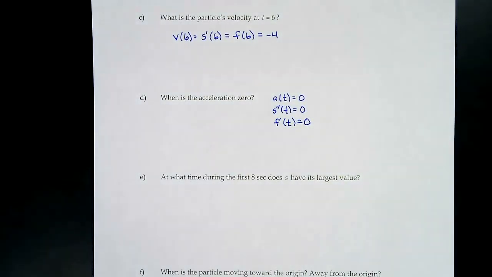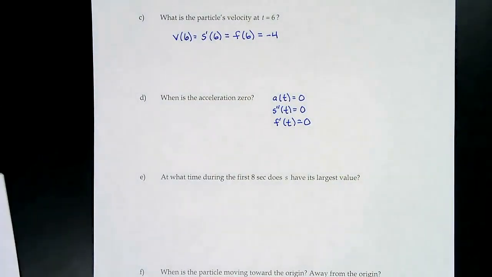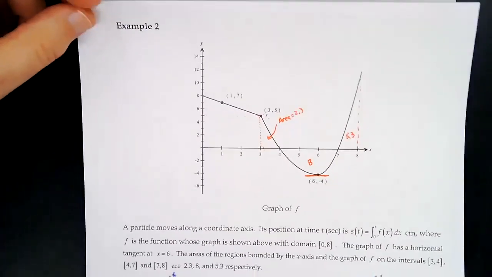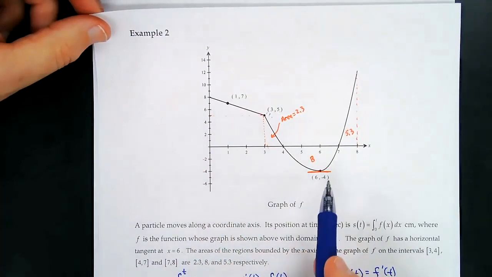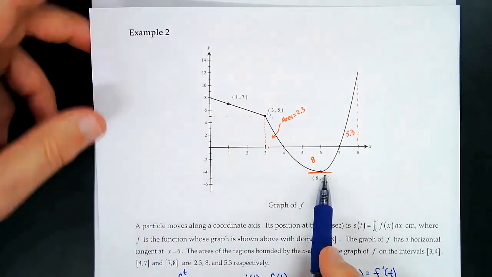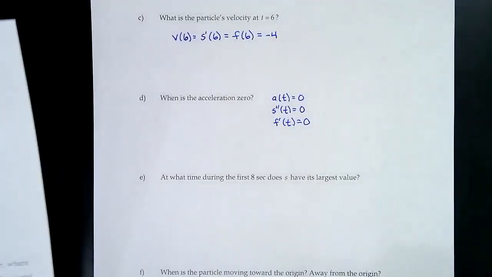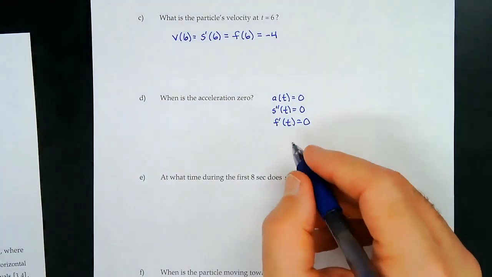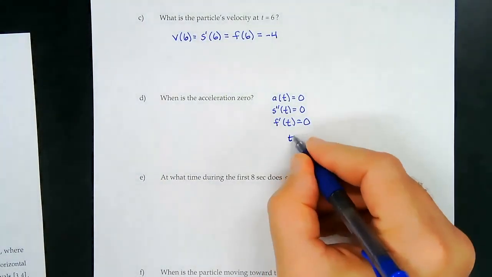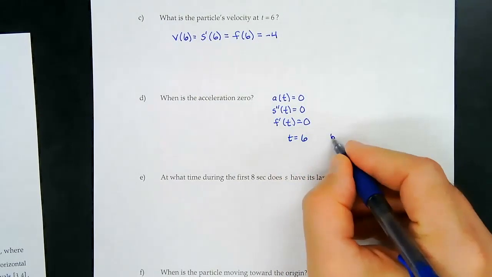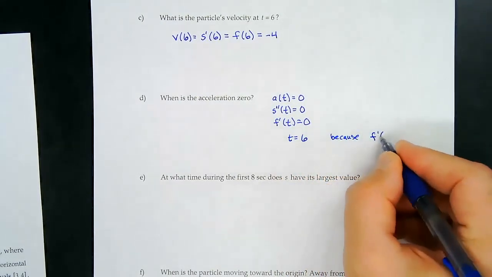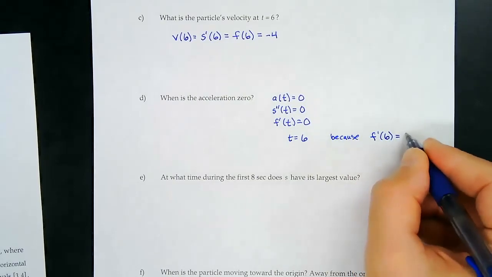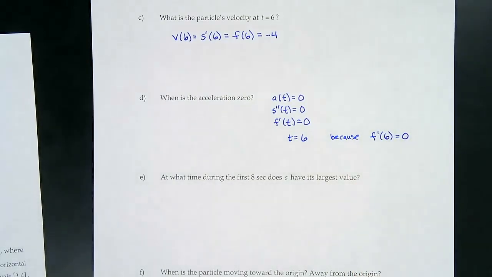And we know that the derivative is 0 when we have a horizontal tangent. If you look, the only place we have a horizontal tangent is right here at 6. So that means this is going to happen when t equals 6, because we know that f prime of 6 is equal to 0.